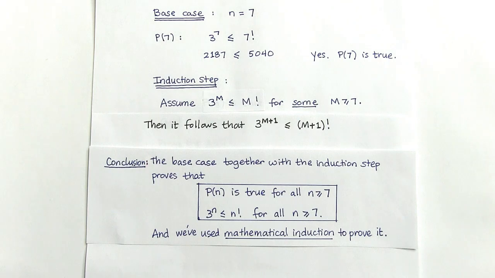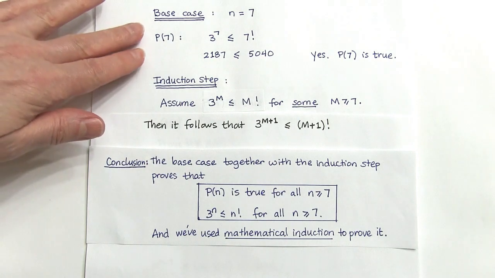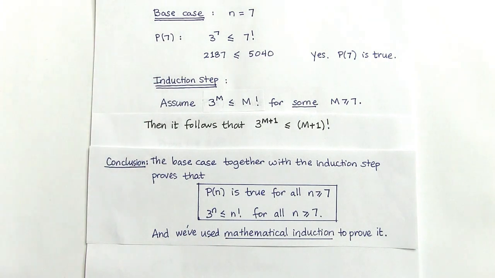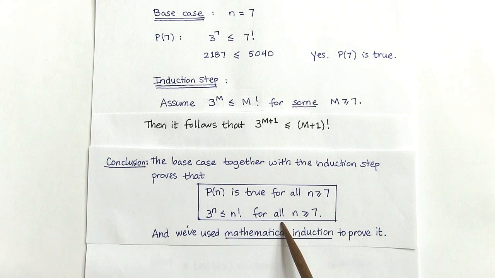And the conclusion is that the base case together with this induction step proves that 3 to the n is less than or equal to n factorial for all n greater than or equal to 7. And we've used the principle of mathematical induction to prove it, and it works like this.